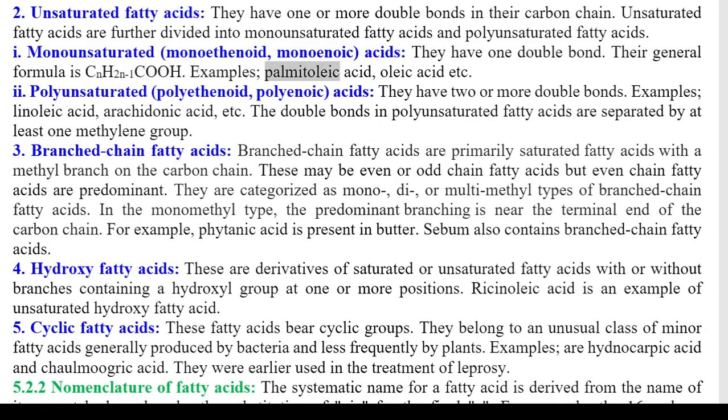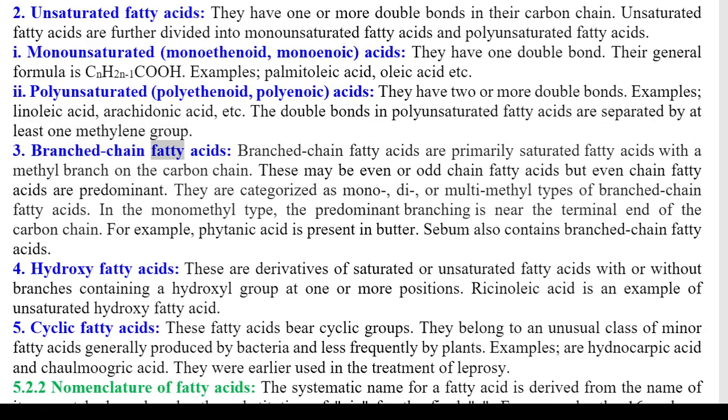Examples: palmitoleic acid, oleic acid, etc. Polyunsaturated, polyethenoid, or polyenoic acids have 2 or more double bonds. Examples: linoleic acid, arachidonic acid, etc. The double bonds in polyunsaturated fatty acids are separated by at least one methylene group.